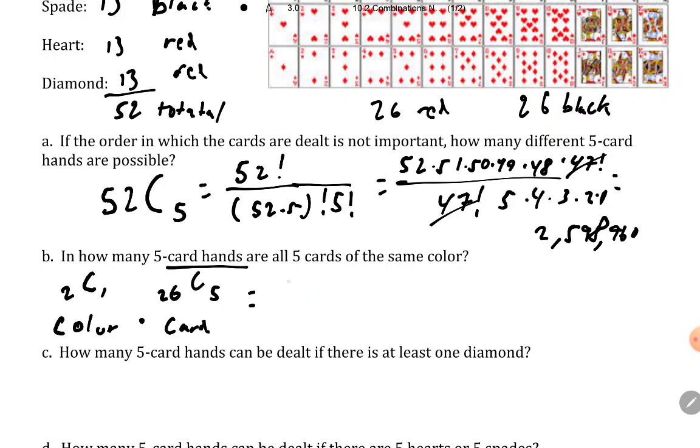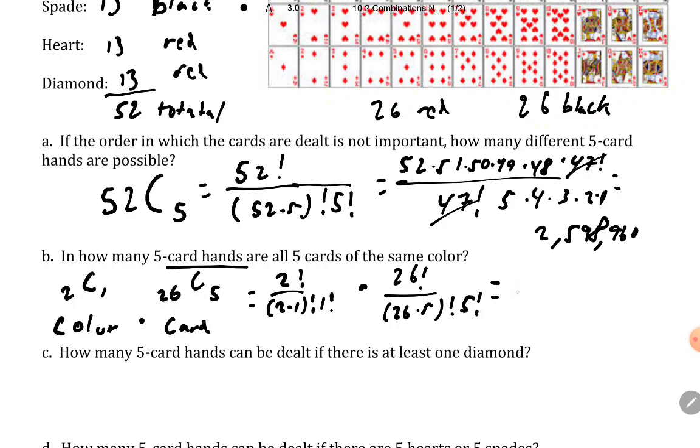So this will equal, so 2 choose 1, so this is the colors, so 2 factorial over 2 minus 1 factorial times 1 factorial, times 26 factorial over 26 minus 5 factorial times 5 factorial.